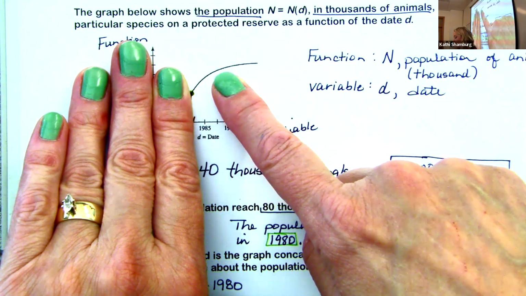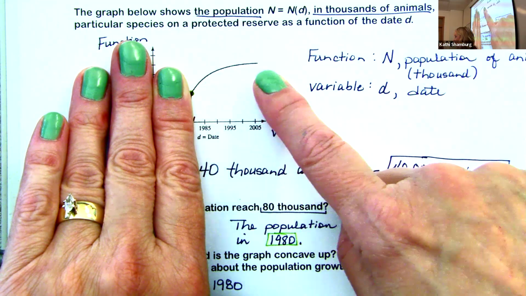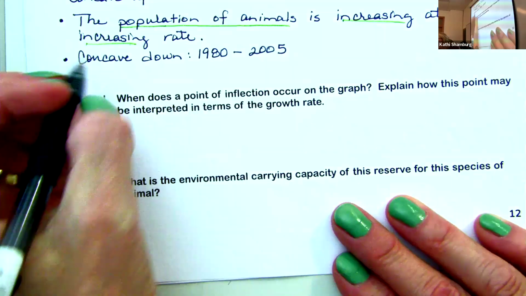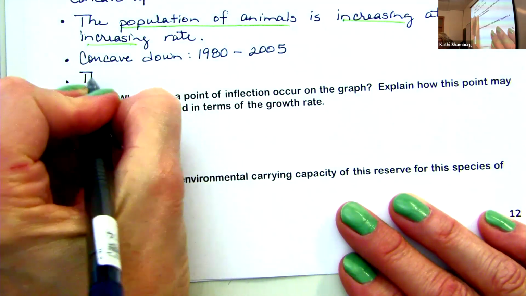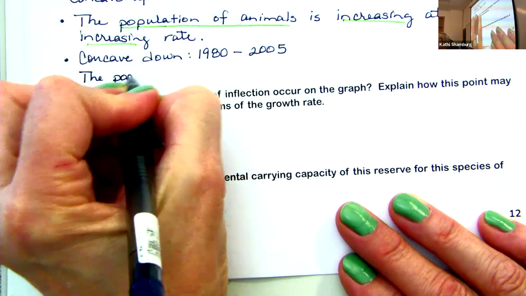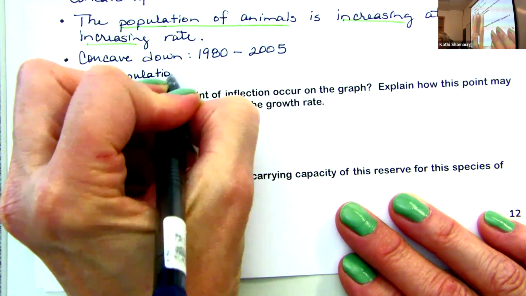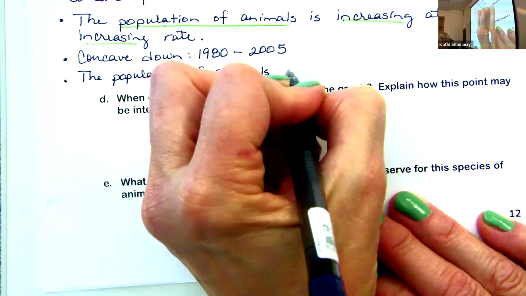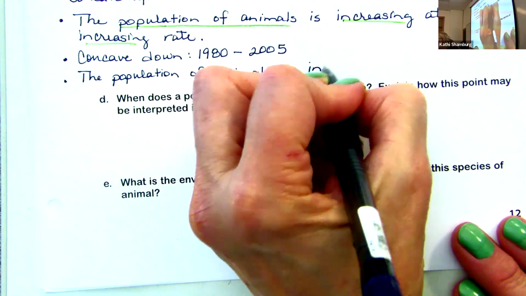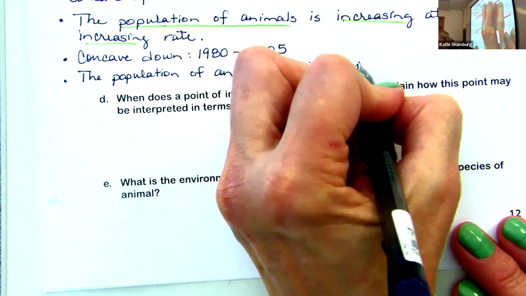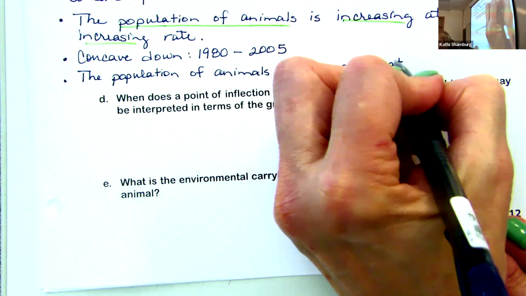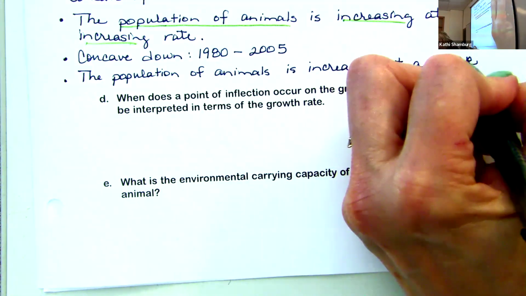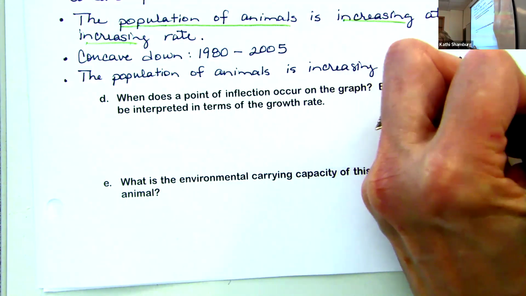It's going up, so it's increasing, but it's leveling off. So what would the rate be? Decreasing. So the population of animals is, and you told me increasing at a, and since it's slowing down, decreasing rate.